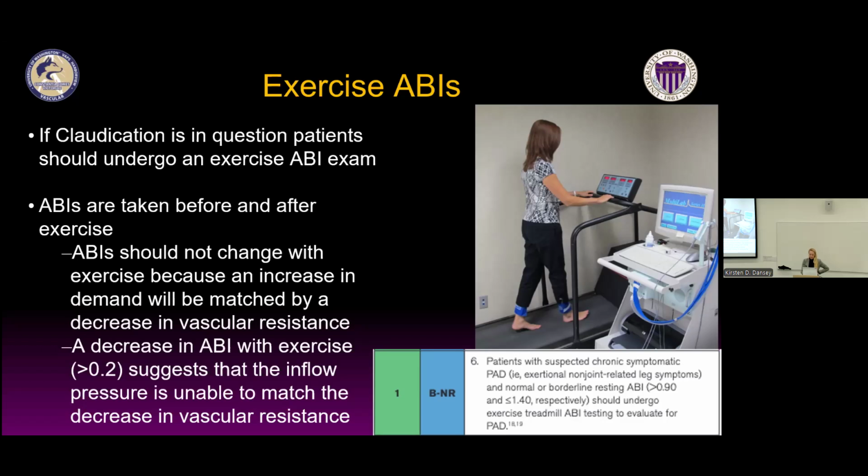Then you repeat the ABI immediately following cessation of walking. The ABI really shouldn't change, because with exercise there should be an increase in demand that'll be matched by the decrease in vascular resistance. So if you see a decrease in the ABI of 0.2, it suggests that the inflow is unable to match the decrease in vascular resistance, and is indicative of a patient with claudication.